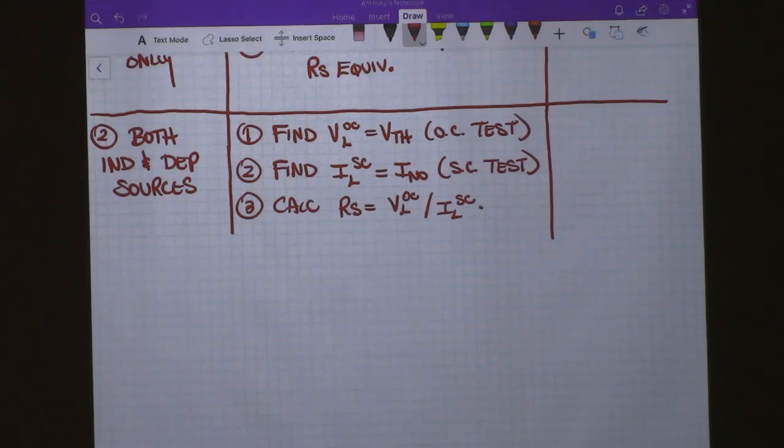And so what we end up with is VTH is not necessarily equal to 0. This third column is maybe a little bit excessive because the only time it says anything interesting is in the last case.